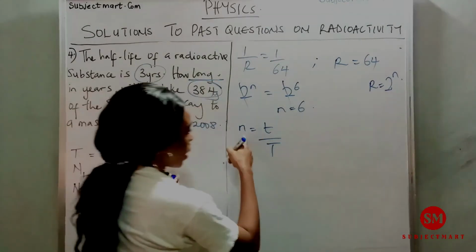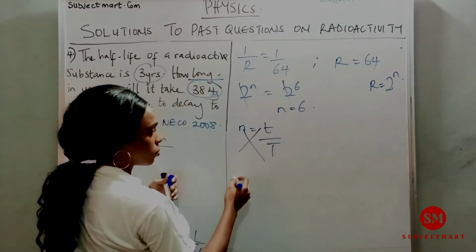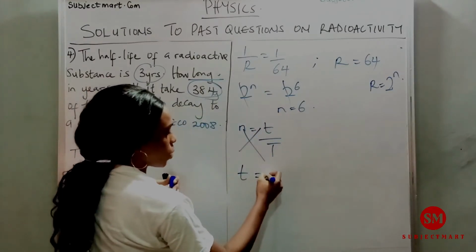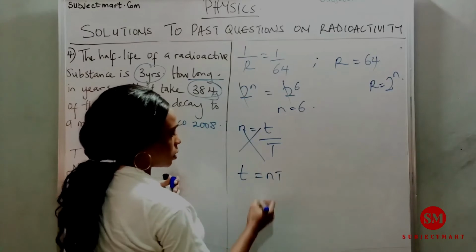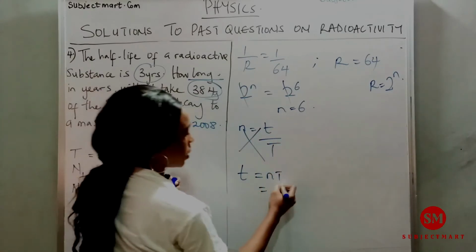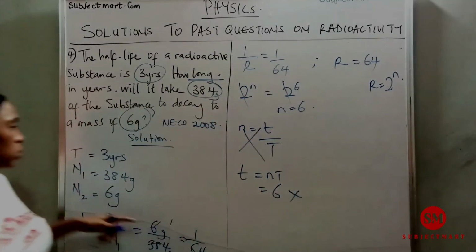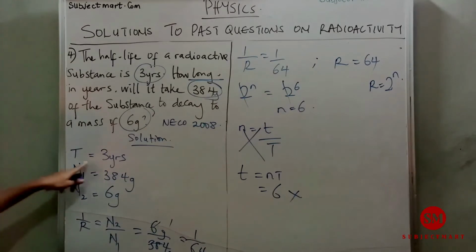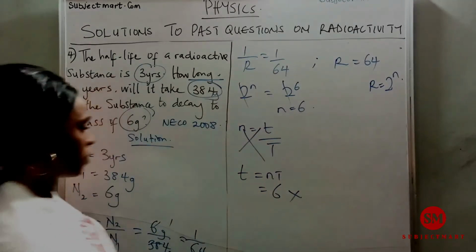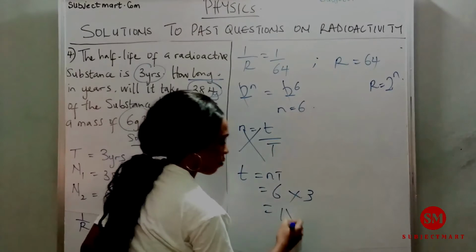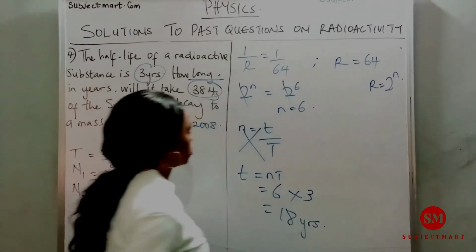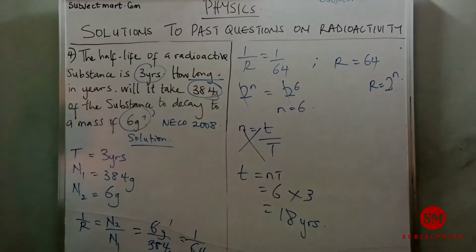So since we have our n and half-life, we go ahead and multiply n by our capital T, which is the half-life, 3. So we have 18 years. You can see that that is very, very simple.